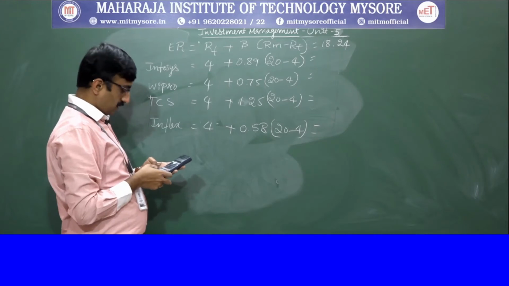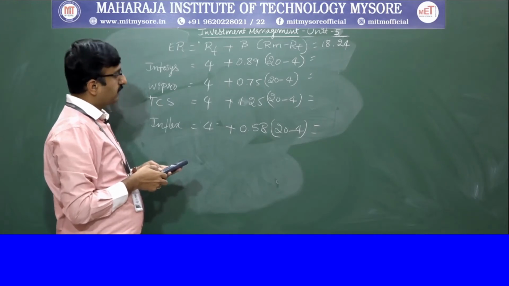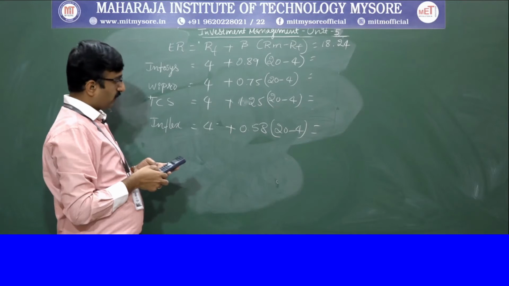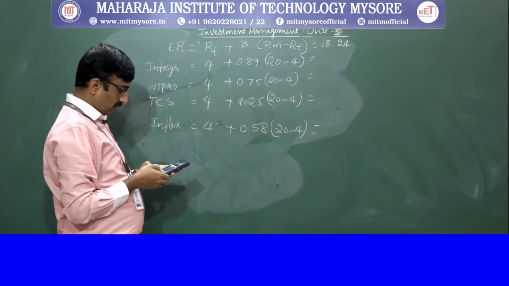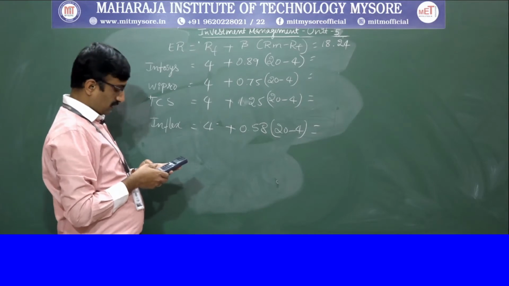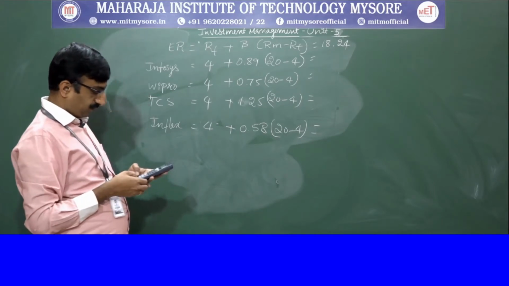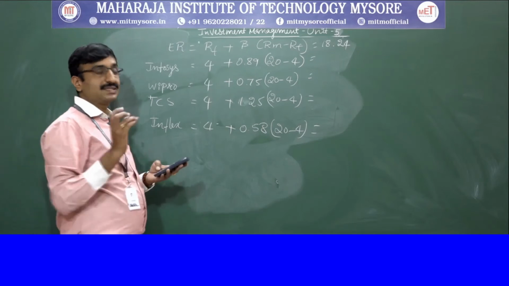Next, 4 plus 0.75 into 20 minus 4 is 16. It is how much? 16%.